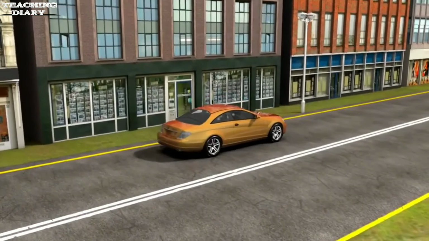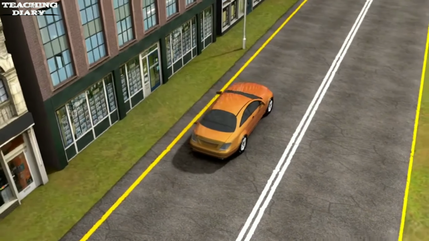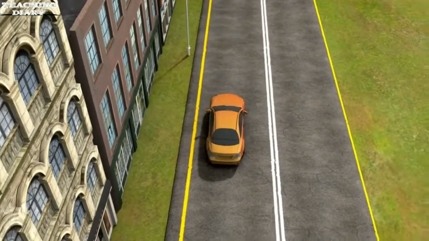A car parked in front of a building appears to be at rest to an observer in the building.